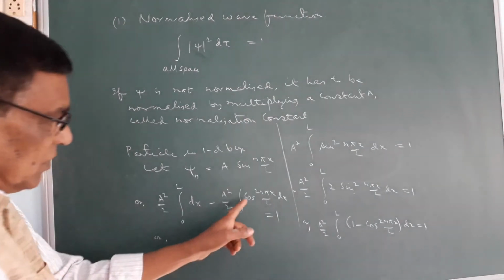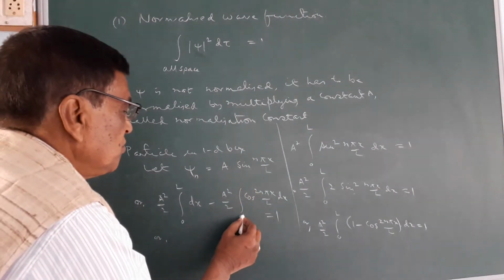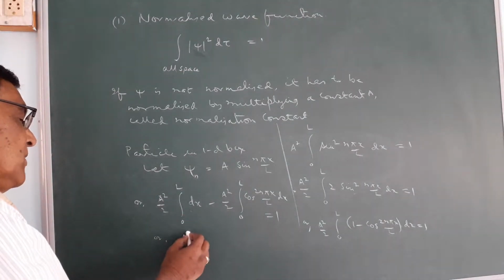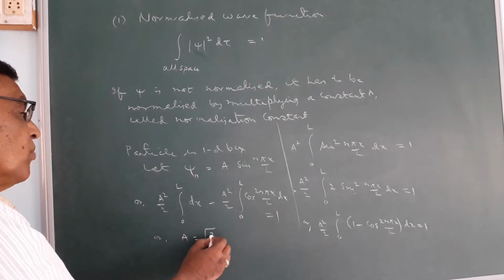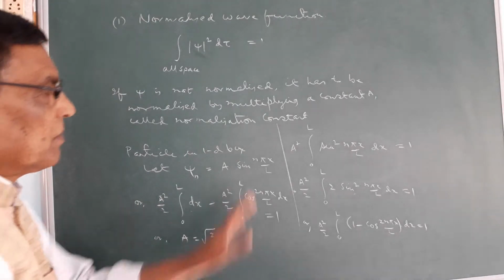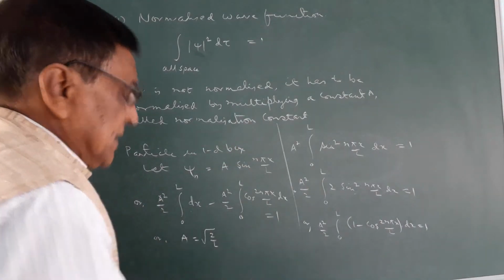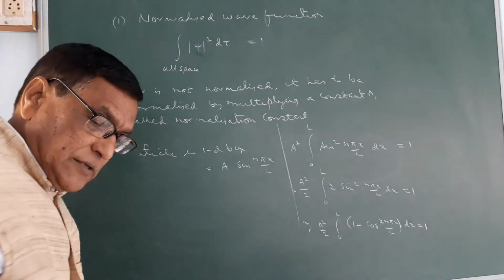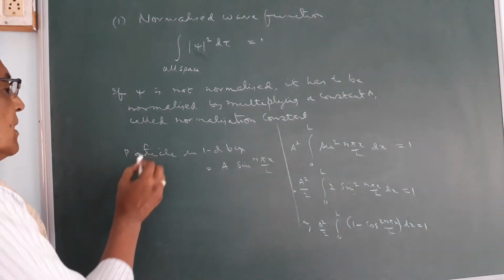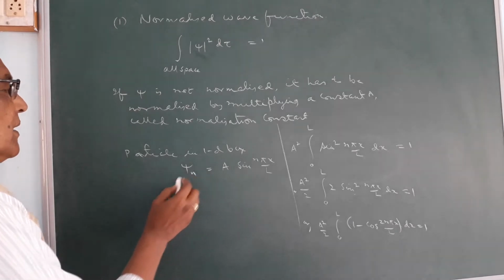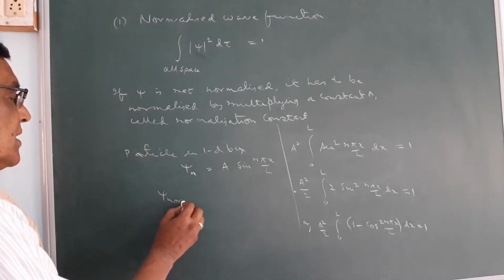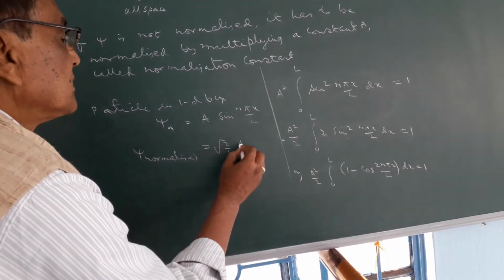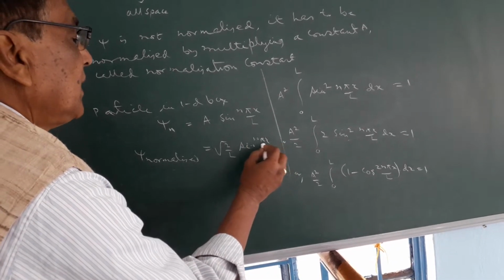When this is integrated with the limits 0 to L, the second part becomes 0, so A will be equal to root of 2 by L. So the normalized wave function for the particle in a one dimensional box, psi n, becomes root of 2 by L sine n pi x by L.